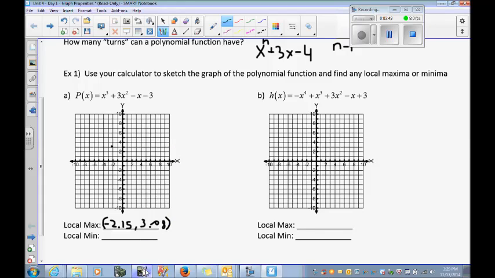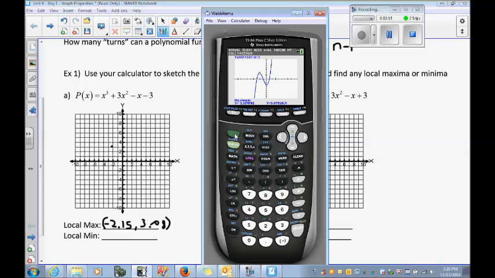Now let's find our minimum point. Second, trace, option 3, minimum. I'm going to move my cursor to find my left bound here, enter, move over a little bit to find my right bound, and guess. And it's saying that our minimum point is at 0.15 for the x and negative 3.08 for the y, roughly if I round it.